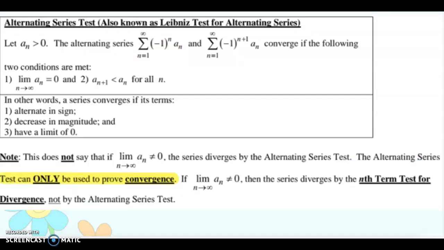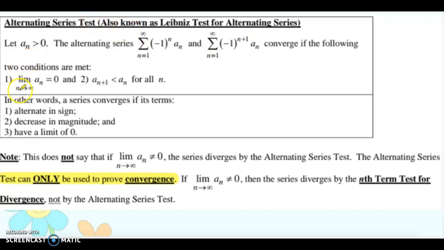The alternating series test, also known as the Leibniz test, and this is a reference to lots of old calculus textbooks, implies that a sub n has to be greater than 0, and that's excluding the alternating part, so that doesn't include the -1. Then the alternating series, whether it's -1 to the n power or -1 to the n plus 1 power, converges if the following two conditions are met.